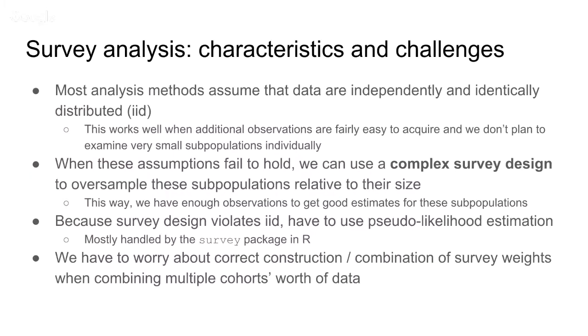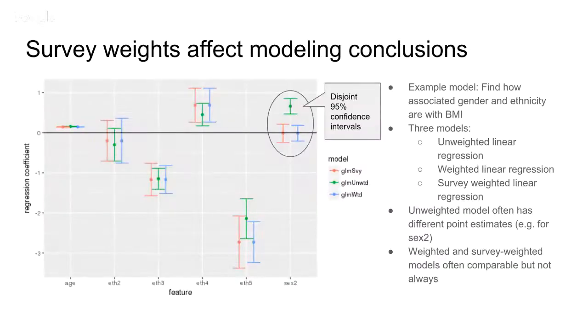So that's survey analysis. And just as a quick aside, what you want to note is that using these survey weights is very important if you want to get good results. So here we're seeing how associated gender and ethnicity are with BMI from some slice of NHANES. And we're using 3 different models. An unweighted linear regression, a model that doesn't use any of the weights.